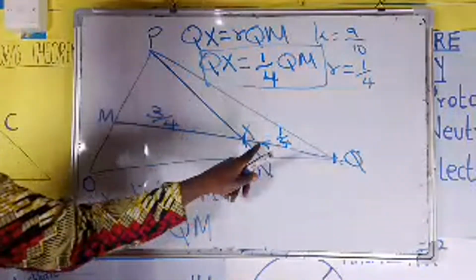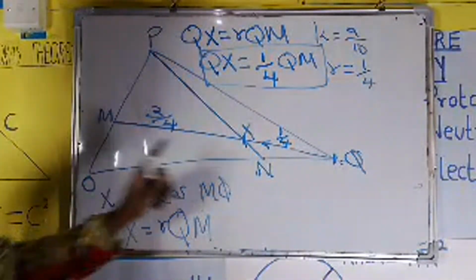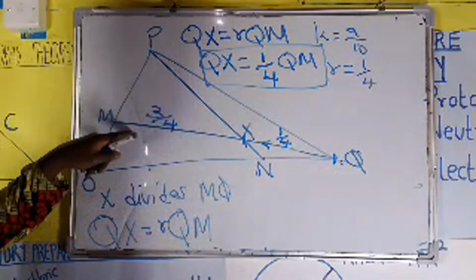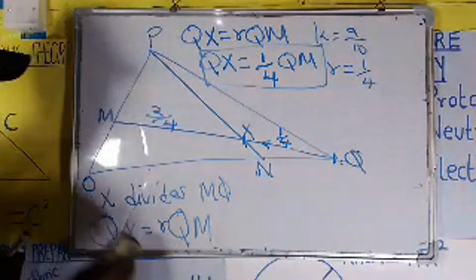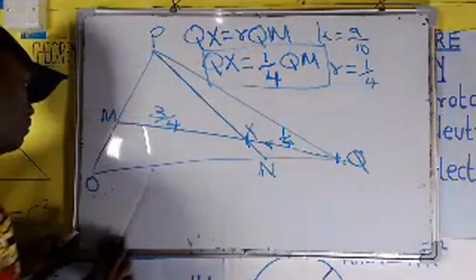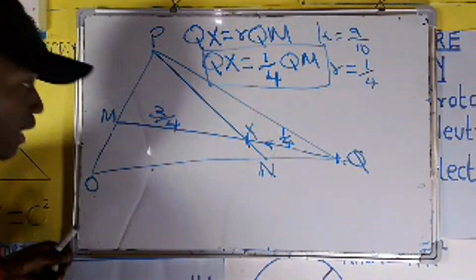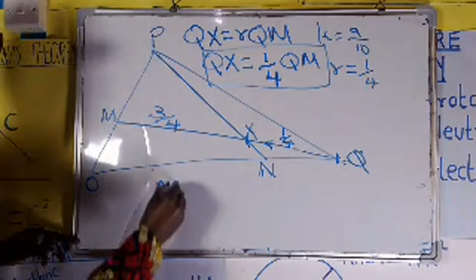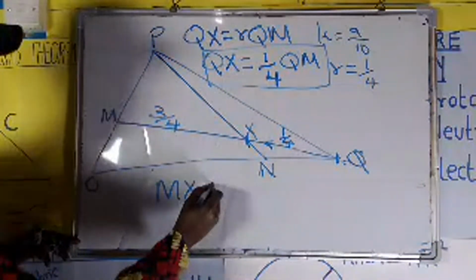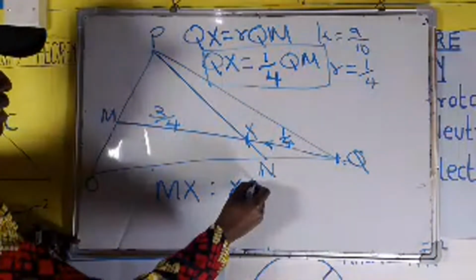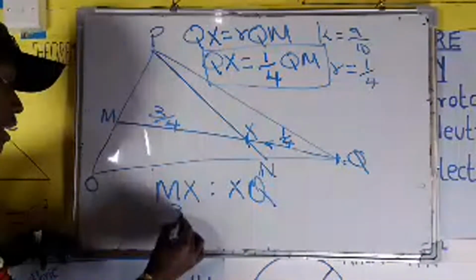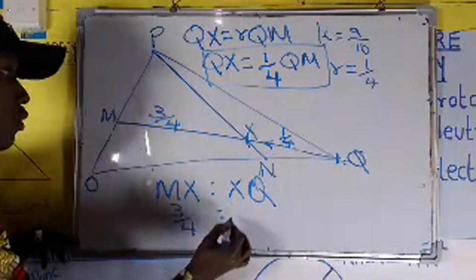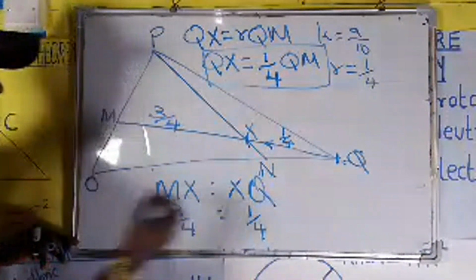So if QX alone is a quarter of QM, the rest is 3/4. So we now have MX is to XQ, which is 3 over 4 is to 1 over 4.